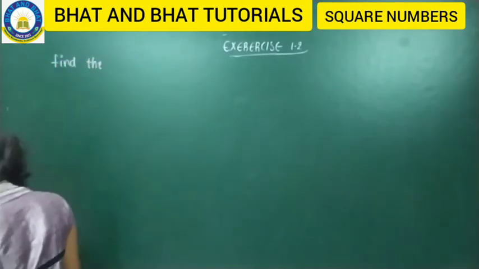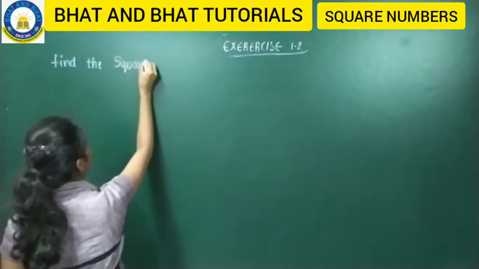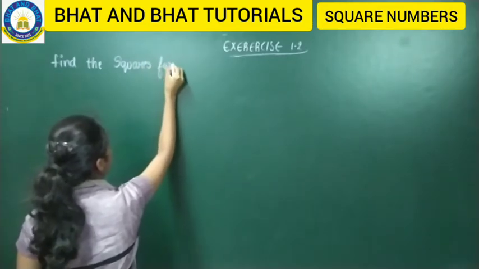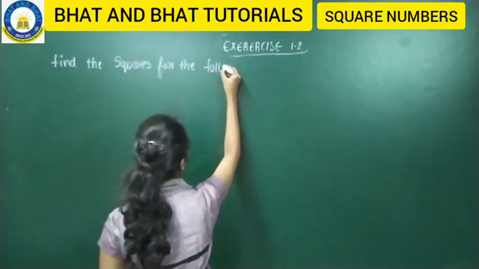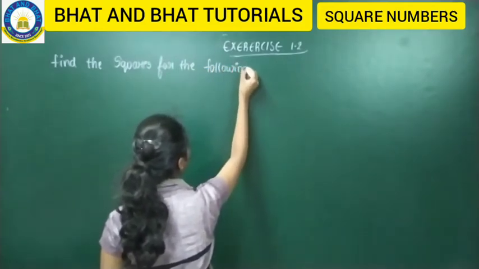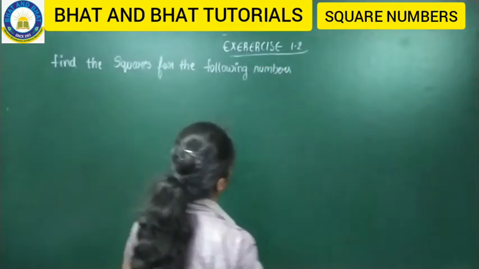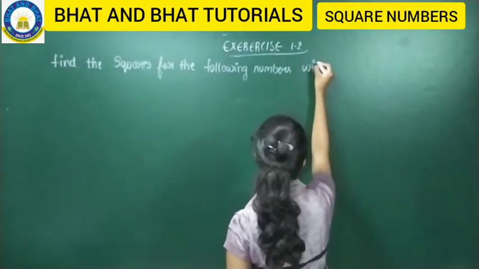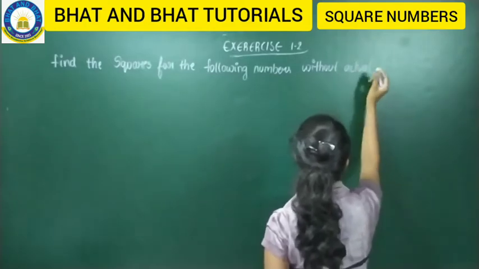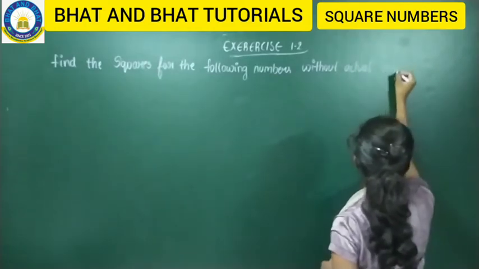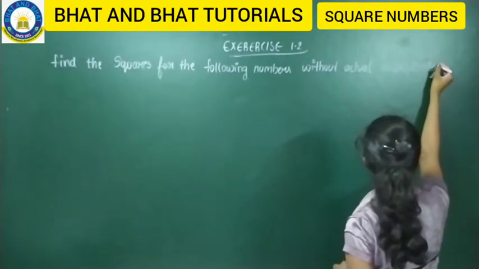Find the squares for the following numbers without actual multiplication. So we had already solved some problems, right?